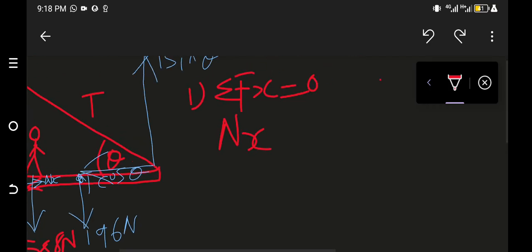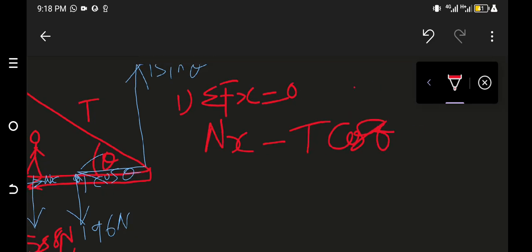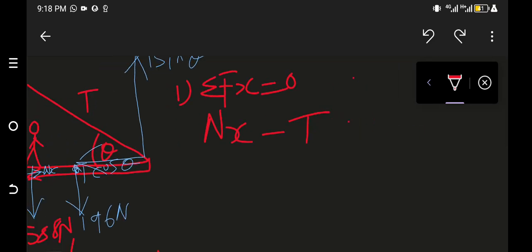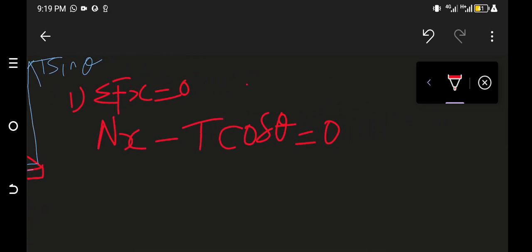So Nx minus T cos theta should be equal to 0. Now we have to make an equation. So Nx should be equal to T cos theta. This will be our equation 1.